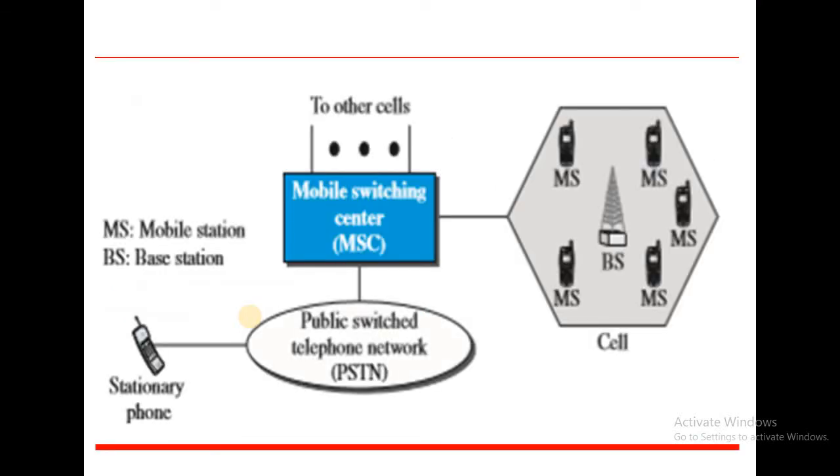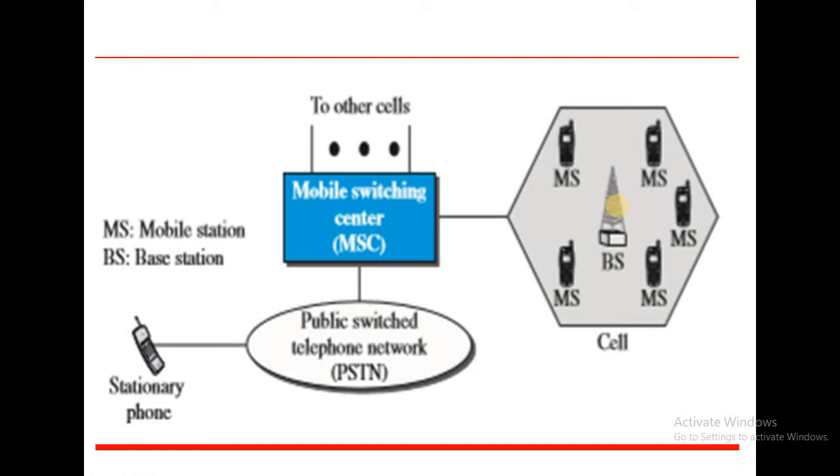This telephone system or cellular system consists of some parts. The first part is called MS. MS is nothing but the mobile station. The cell phones that we carry are called mobile stations. Here we can find around 5 mobile stations connected to one base station. A base station is nothing but an antenna, which you can find in your diagram.